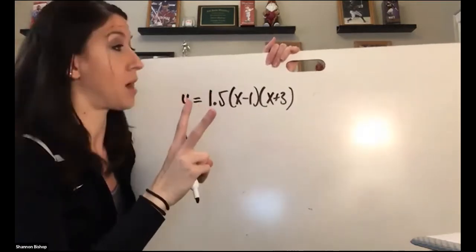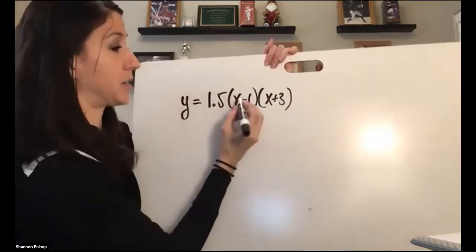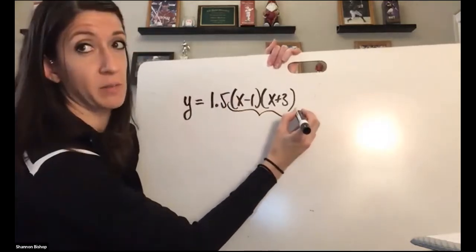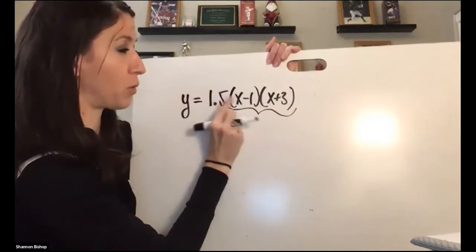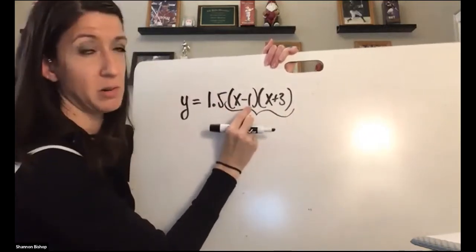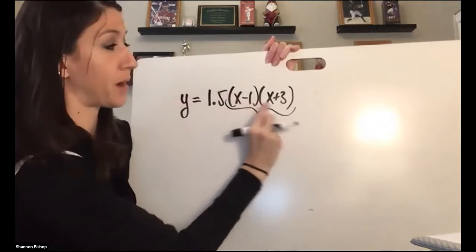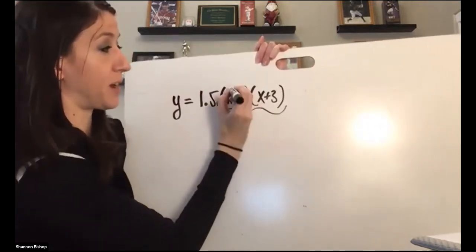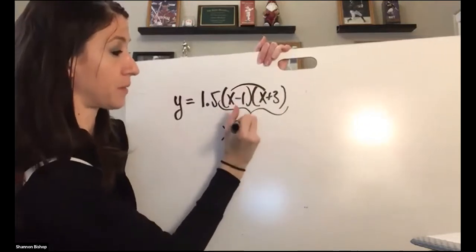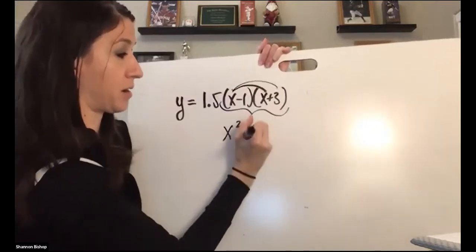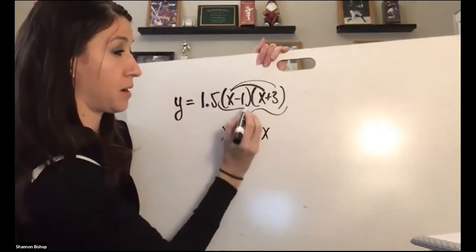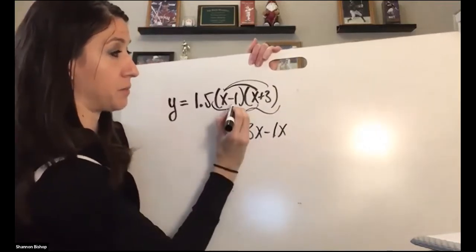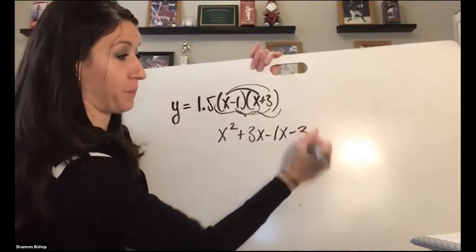2 at a time. I personally like to distribute these first. It really doesn't matter. You could distribute the 1.5 in if you really want to. I'm just a creature of habit. I like to distribute my parentheses first. So if I distribute my parentheses first, I have x times x, x times 3, minus 1 times x, and minus 1 times 3.